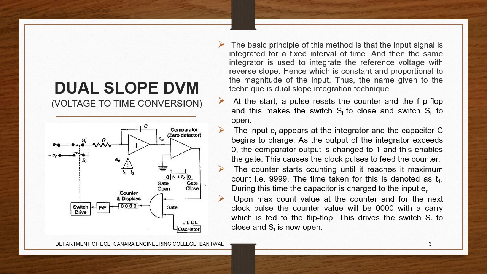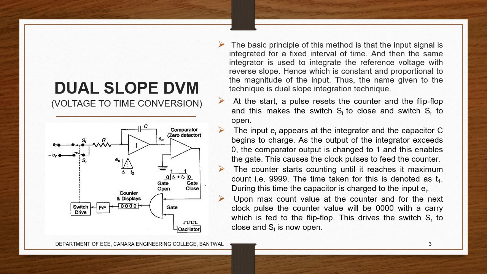So it is raised, and at that time the comparator output is 1. This is fed to the gate and it is enabled, and the oscillator frequency is given and the counter starts to record. Before it was disabled, now it starts to count, and it displays whatever is given to the flip-flop.